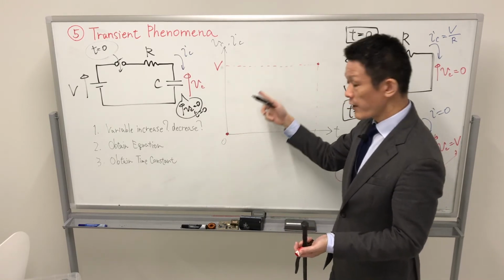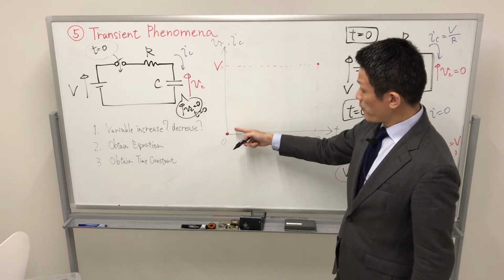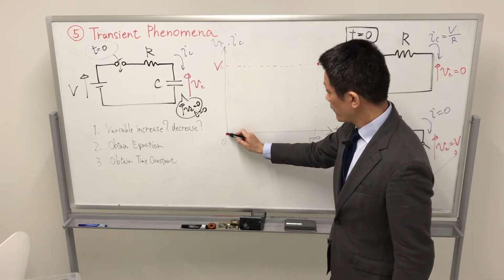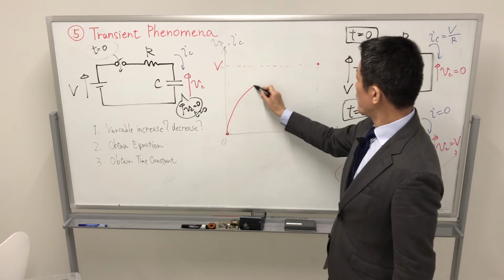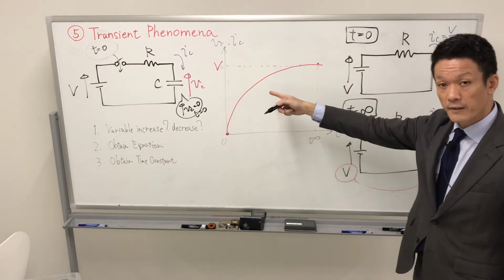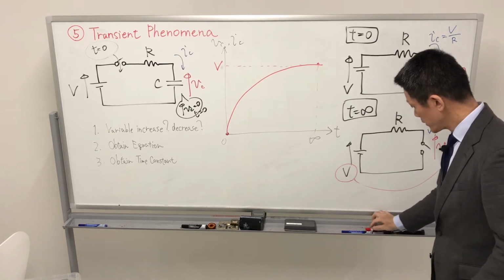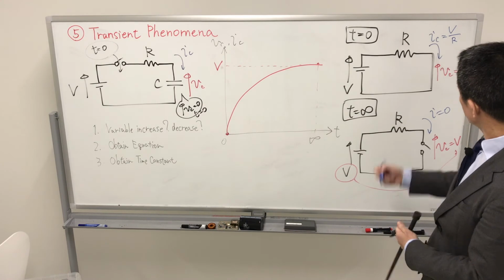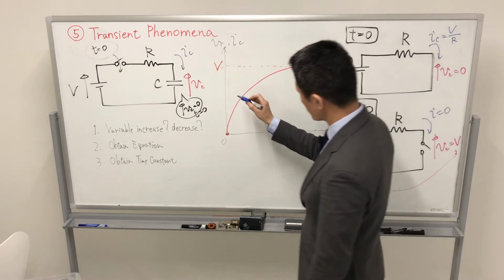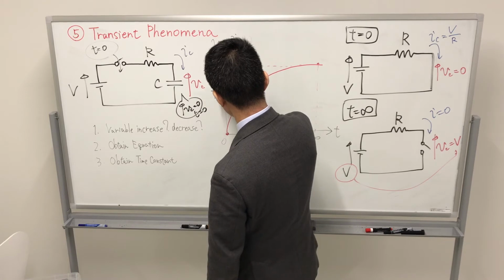In the case of increase, the waveform shape is like this, decided. And how about the current? Current is indicated starting at time 0.